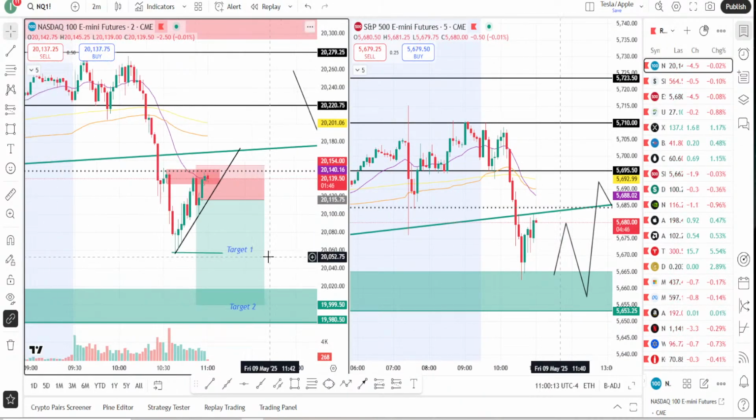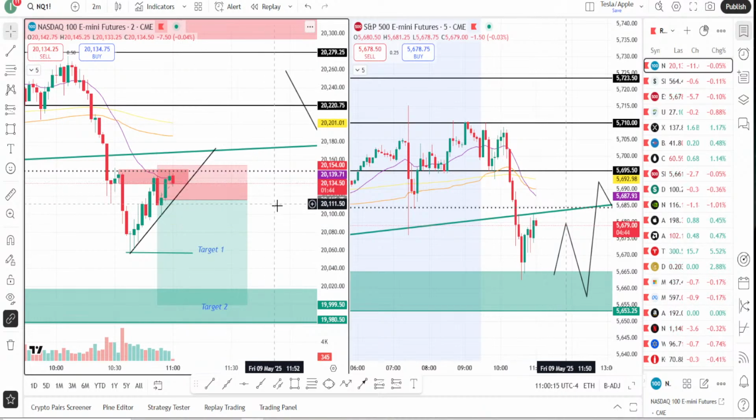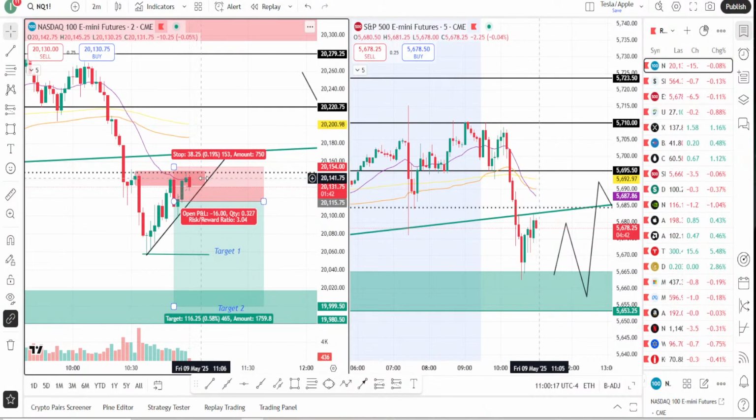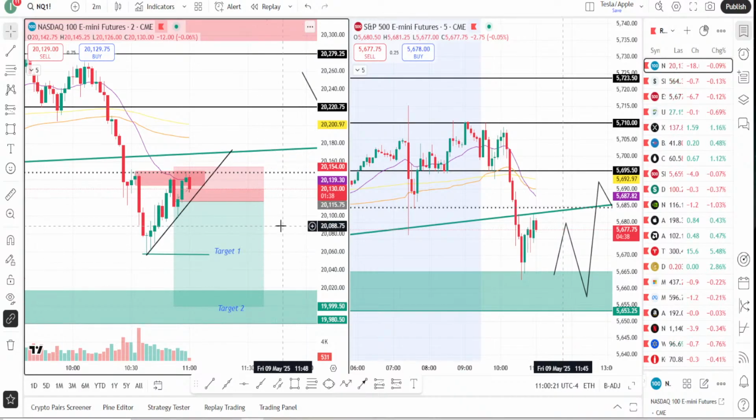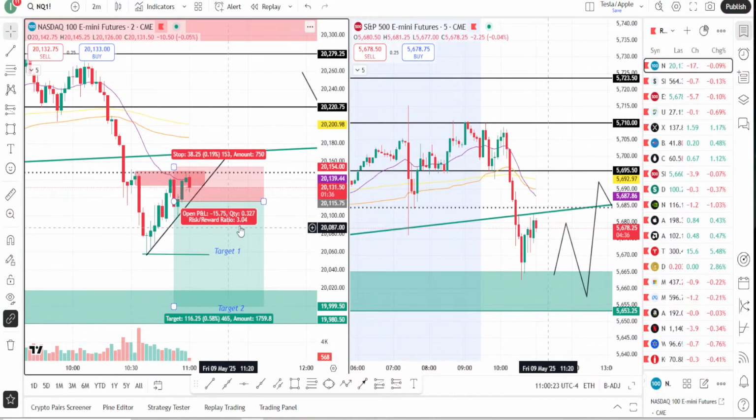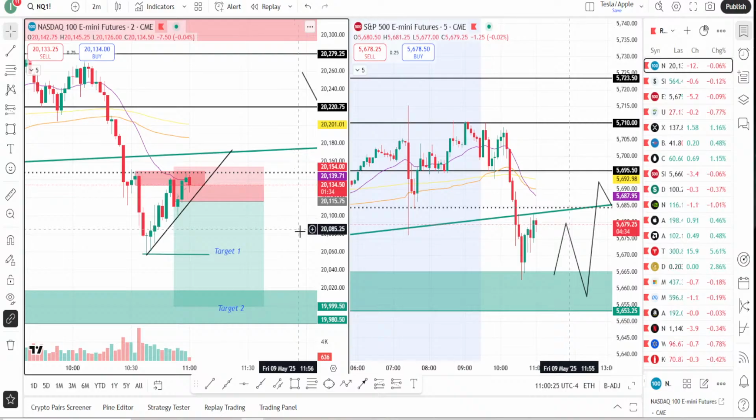We'll see what we're doing here. Sellers are still kind of fighting. They're still holding the zone right here. Looks like we're coming back. Give them some time.